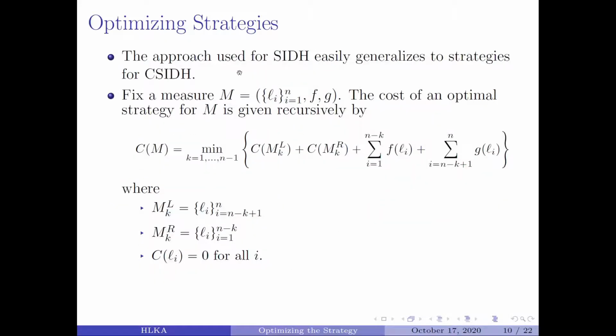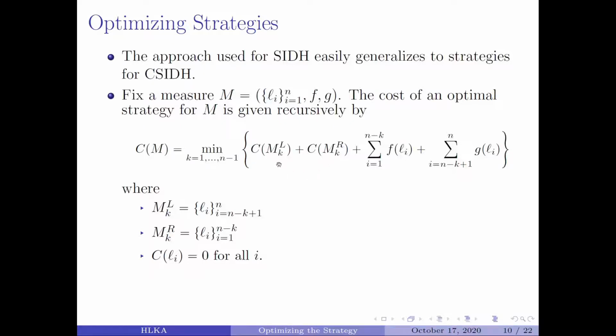So in our work, we were able to generalize the approach that was used for strategies in CSIDH to strategies for CSIDE. So everything works out quite similarly with a few minor modifications. So we'll fix a measure, and the cost of an optimal strategy, which we'll denote as C of m for the measure m, is given through this recursive formula. The formula is recursive because each strategy you can think of as connecting together two smaller sub-strategies.